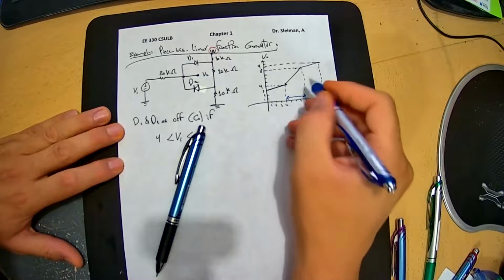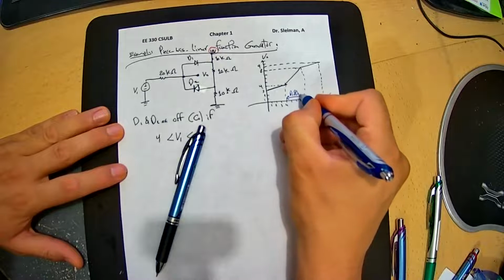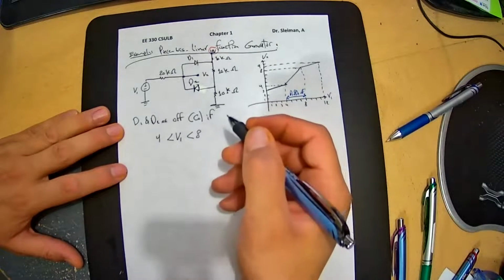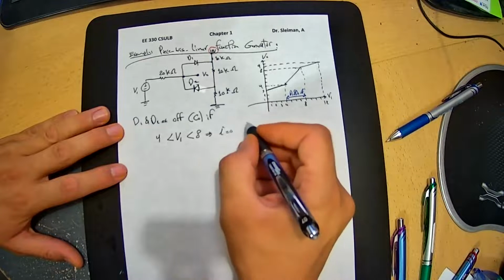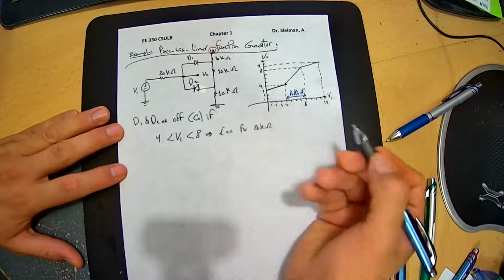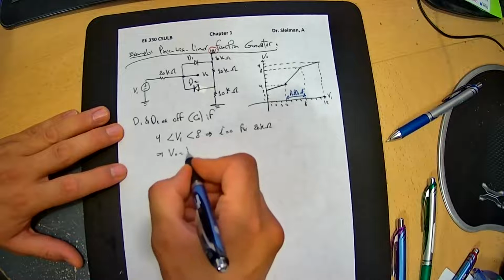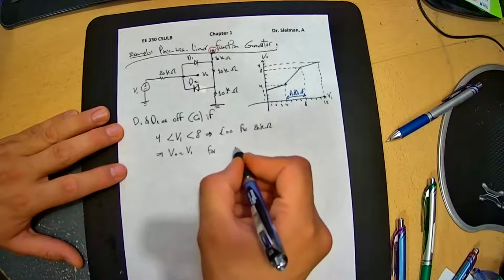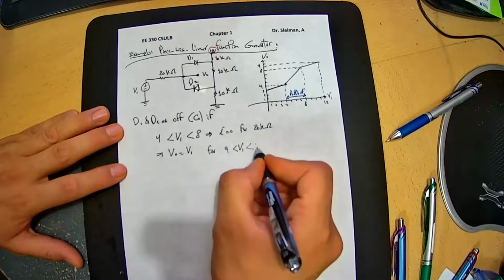This is V1. D1 and D2 off. That means there's no current for 20 kilo ohm. This will pertain that V0 and V1 are equal for V1 in between 4 and 8.